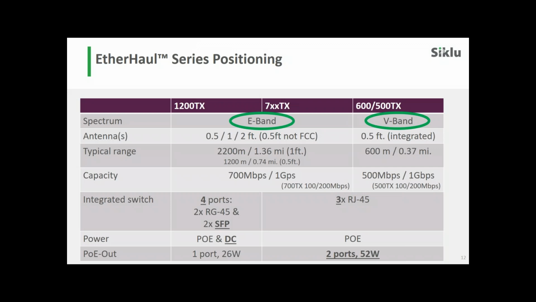Then you might have also additional concerns with the amount of ports. If, for example, 4 ports are important and not 3, then the 1200 would be it. However, if you want to actually do 3 copper ports, then the 7XX or the 600 are going to be better because they work with 3 RJ45 ports out of the box.